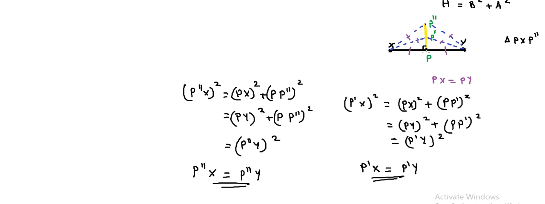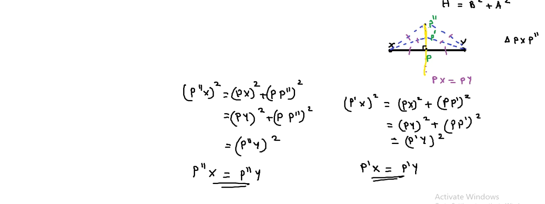So similarly if we take the point P below also, that is here, here, anywhere, then also the distance between that moving point and X and Y will be the same. So here the point P moves along this yellow line, because if we take any point on this yellow line, that point and X will have the distance equal to that point and Y.